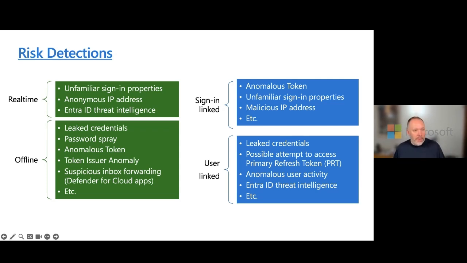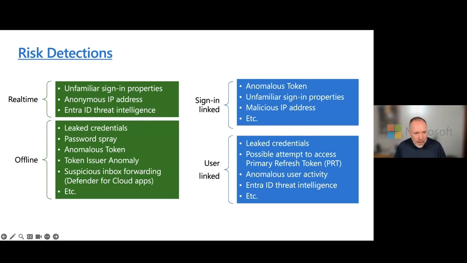Whereas some of the things that are offline would be things like leaked credentials, for example, and password spray attacks. That's more stuff happening against your tenant. You have some of the anonymous user activity. All these things get calculated offline, etc.